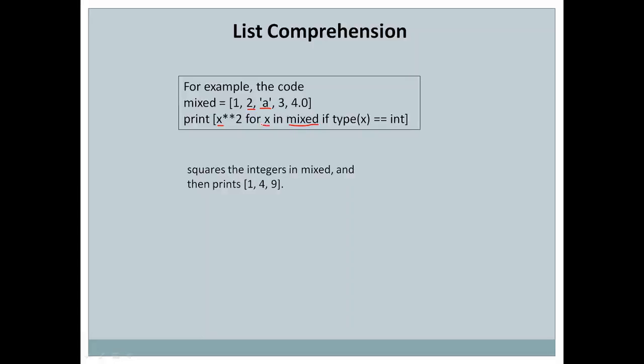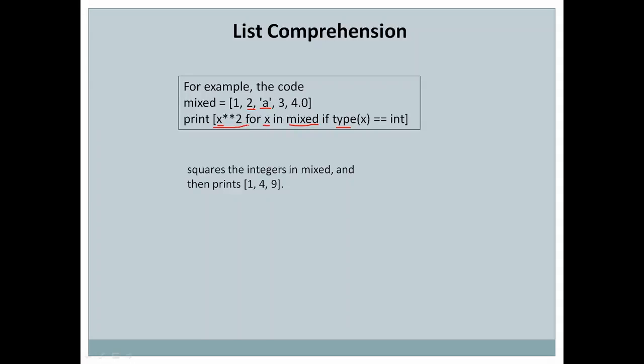So this loop will iterate each time for the value in the list mixed. Every time this loop repeats, it contains an if condition, that is if type of x is equals to int, and if this condition is satisfied, then only the value of x is returned as an expression.